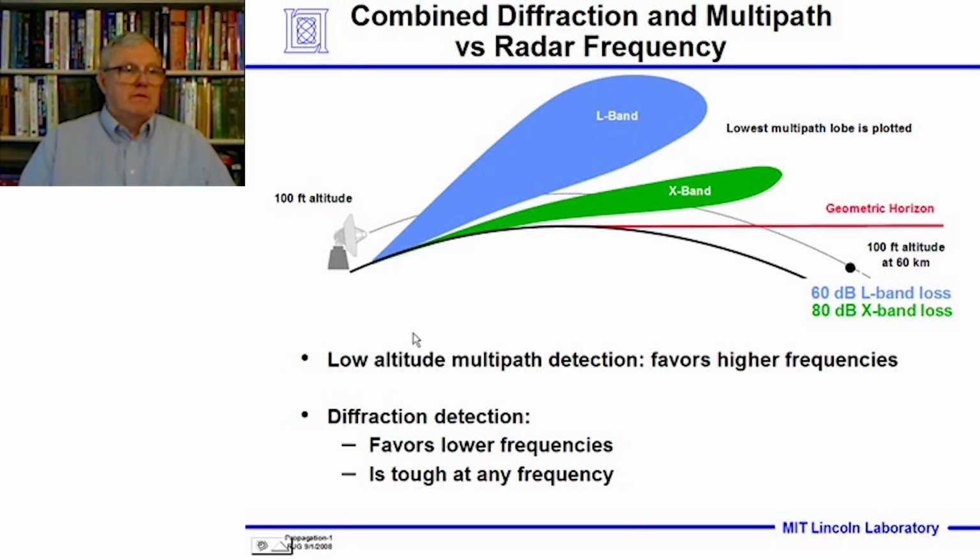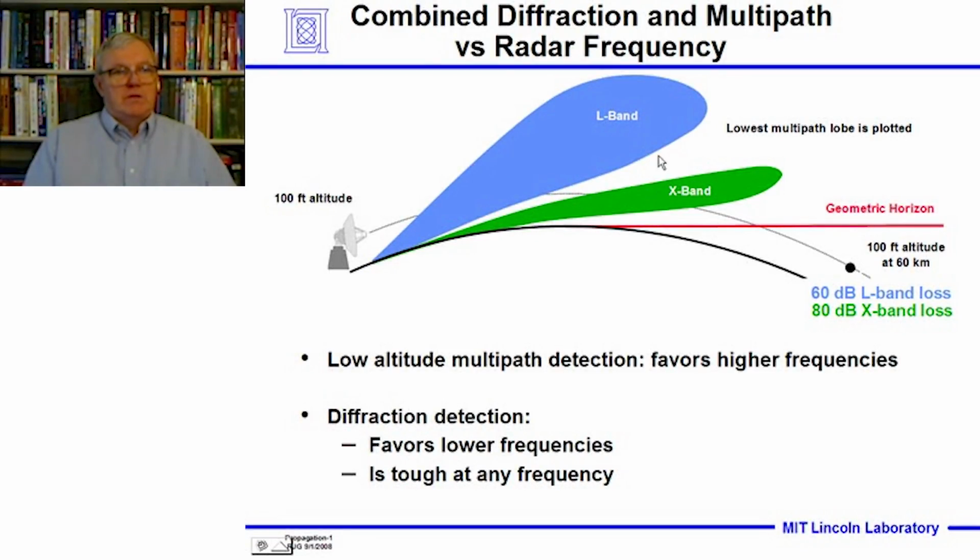Here we have a radar that's at a 100-foot altitude, and here is the 100-foot altitude following the curved Earth at 60 kilometers. And we're looking at an L-band radar.